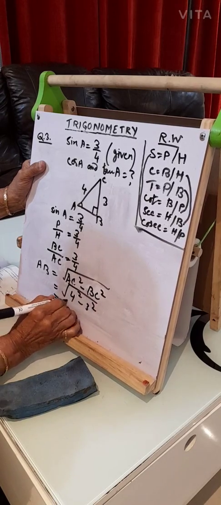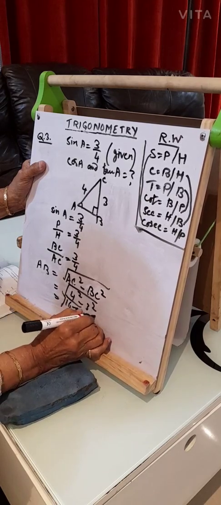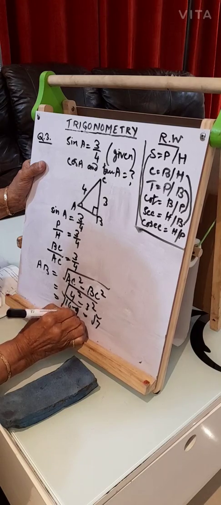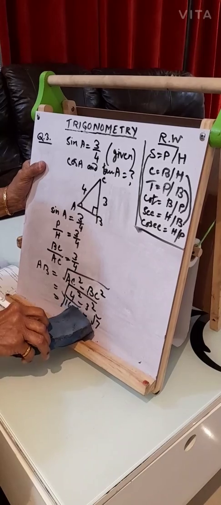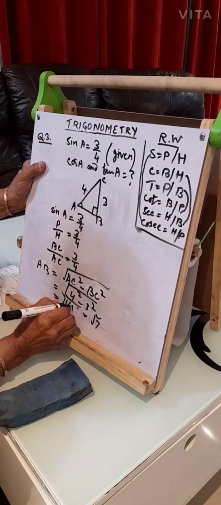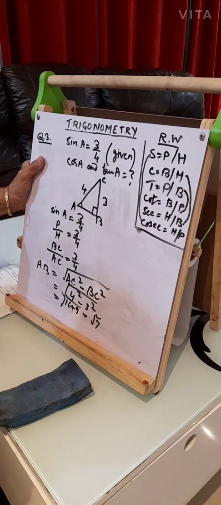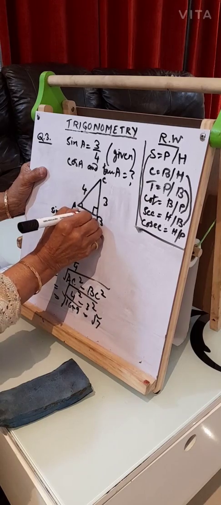So 4 into 4 will be 16 minus 9, whole under root, is equal to under root of 7. So AB is equal to under root 7.